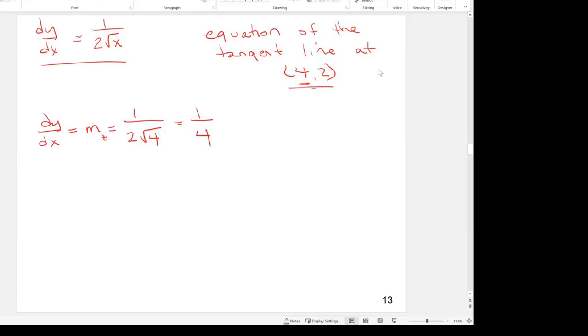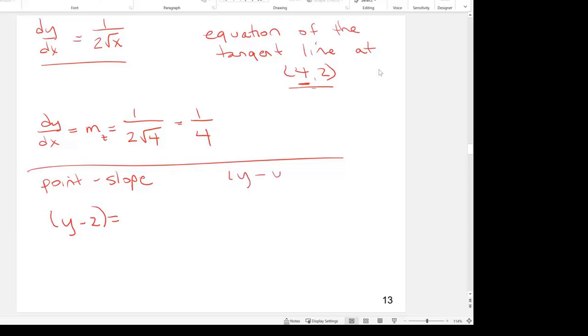I know a point, so I'm going to use point slope. And you can always use point slope. You do not have to change it into intercept form. Point slope is fine. So point slope is y minus y1 equals m times x minus x1.